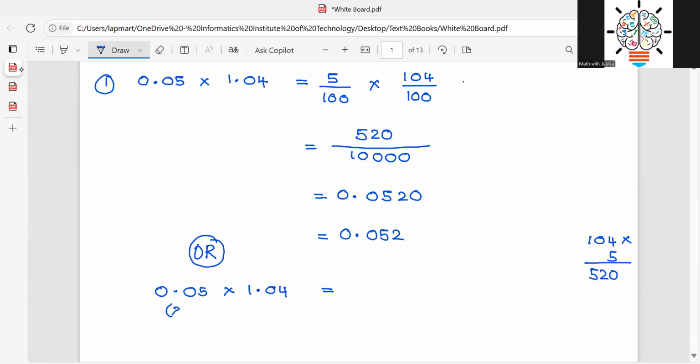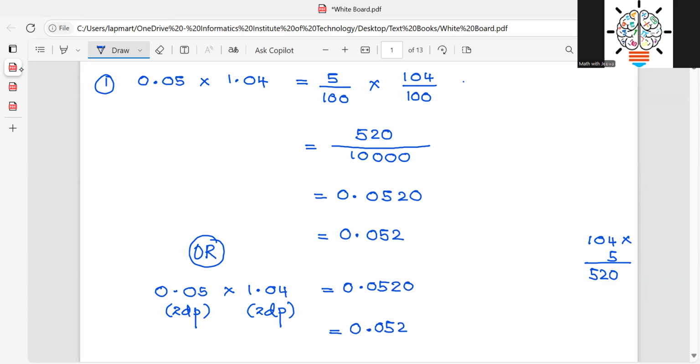Here I have 2 decimal places, here I have 2 decimal places, and in my answer I should have 4 decimal places. So for 520, when I keep 4 decimal places, it becomes 0.0520. Again, my final answer is 0.052.